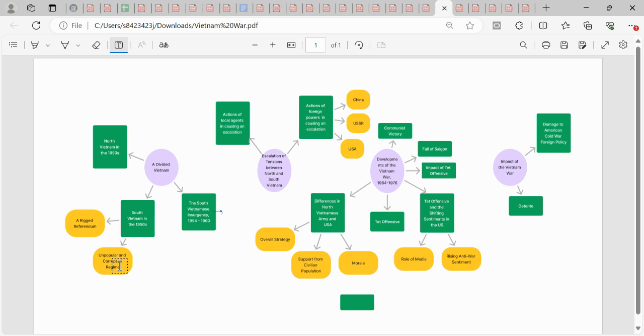Right, so we are jumping straight on to a divided Vietnam. Okay, over here, this would be where you should be assessed from. So the textbook may start with origins of the Vietnam War, where they are really talking about what things were like before 1954.